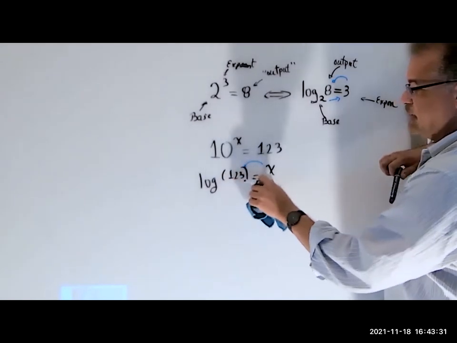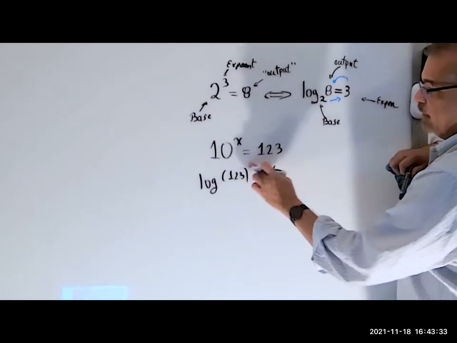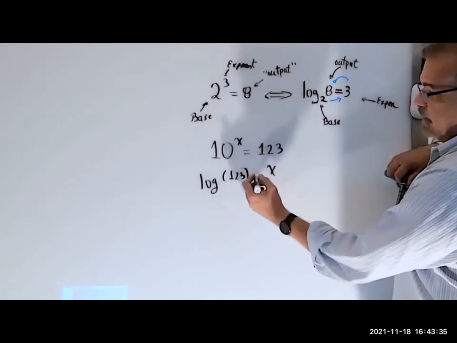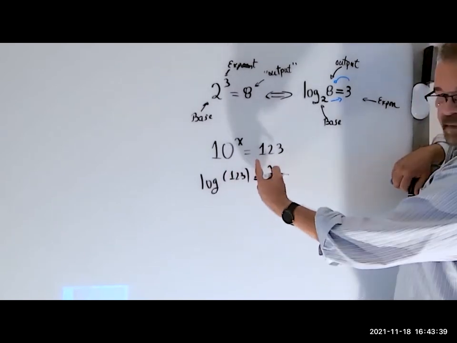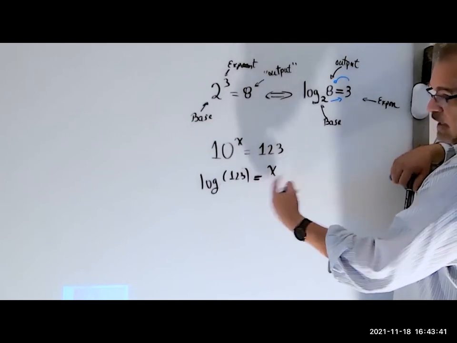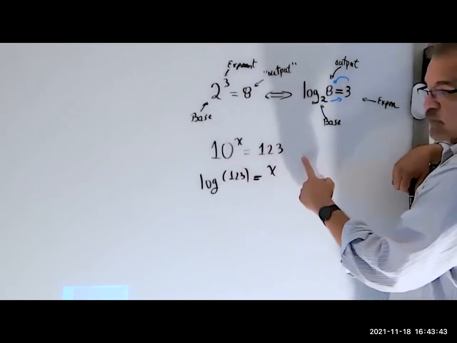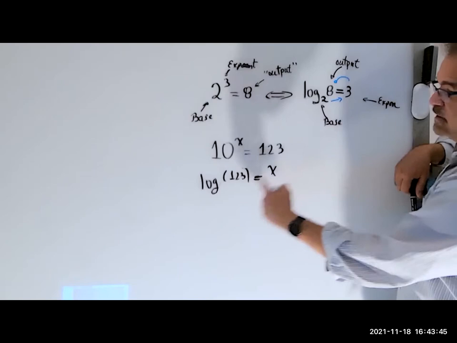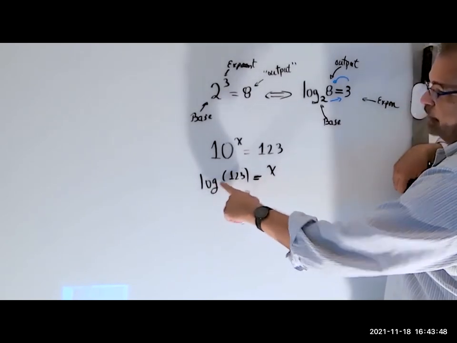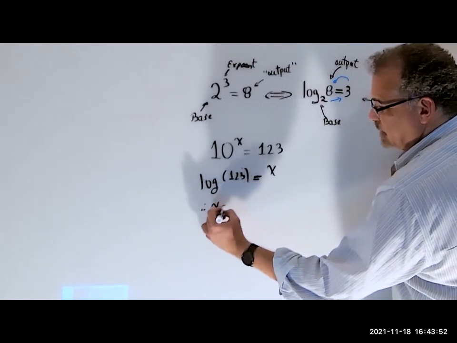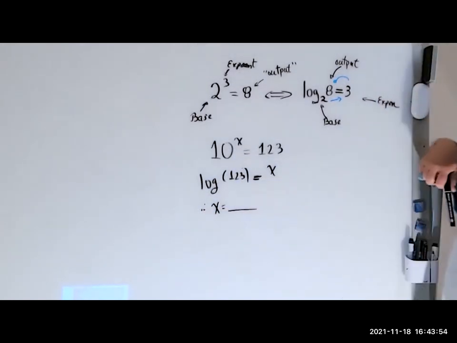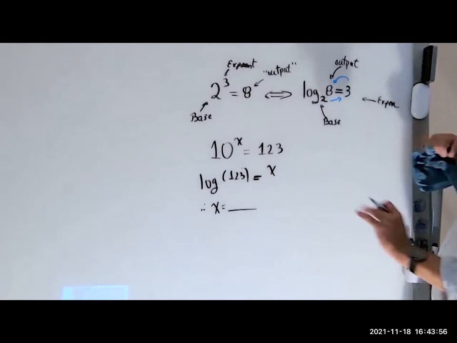Of course, we don't need the 10 because that's your common logarithm, and then the x. So the corresponding logarithmic equation of 10 to the x equals 123 is the same thing as log base 10 of 123 equals x. In this way, we can solve for x equals a number. The calculator will give me the answer, so I'll do it in a few.